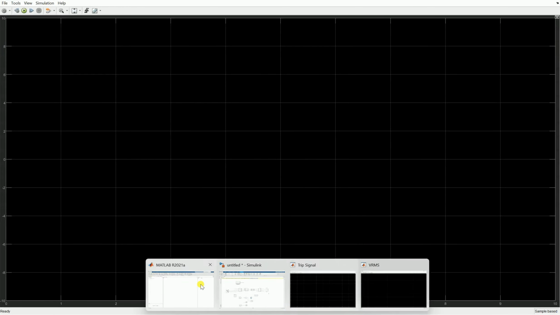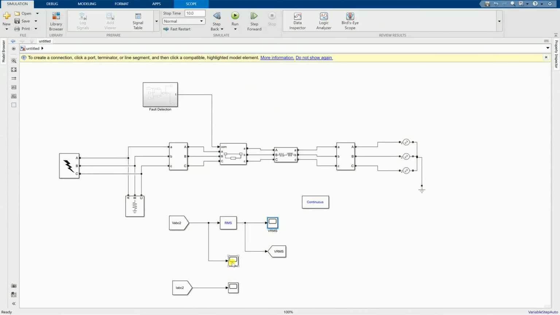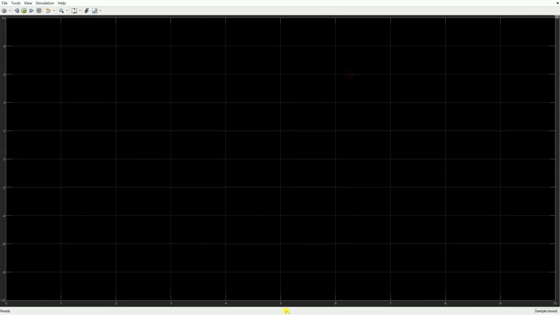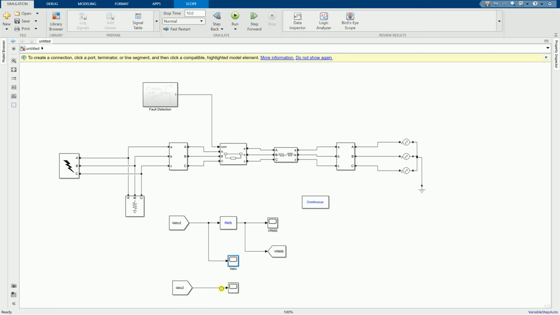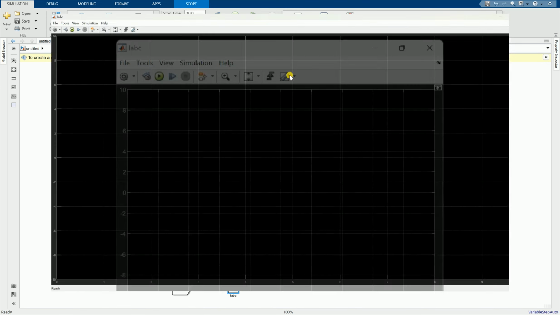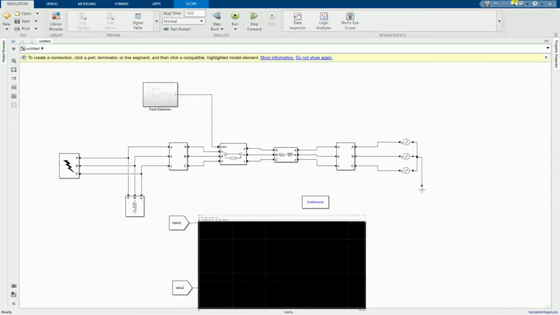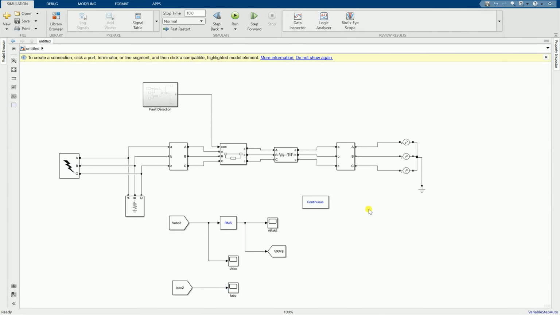Then we go back here, and this one is VABC, the 3-phase voltage. And here, let's say IABC. So let's run this model first and see if everything is fine or if there is some error.